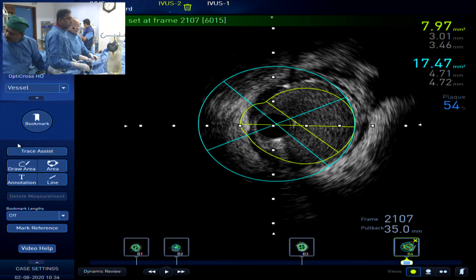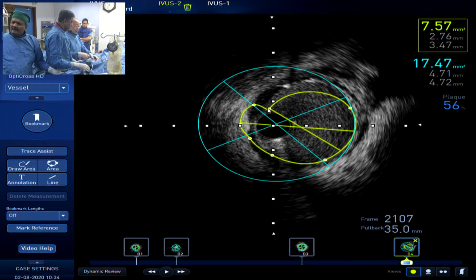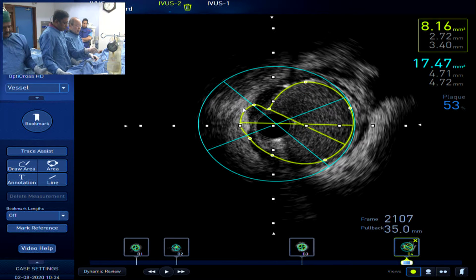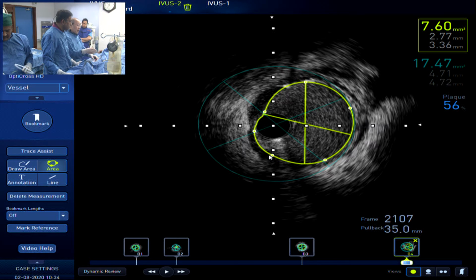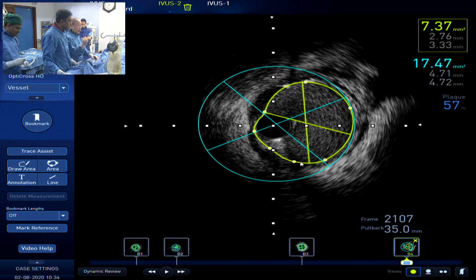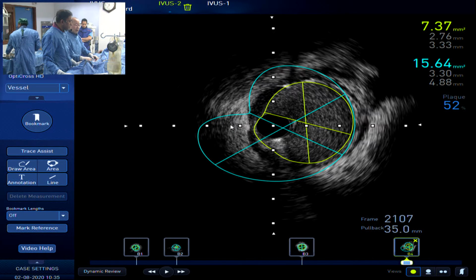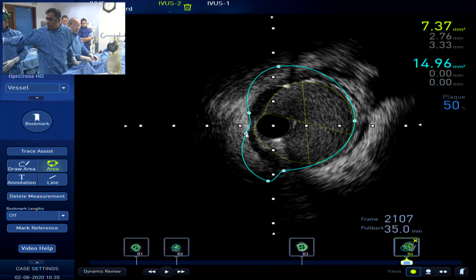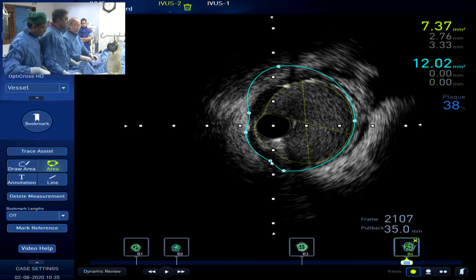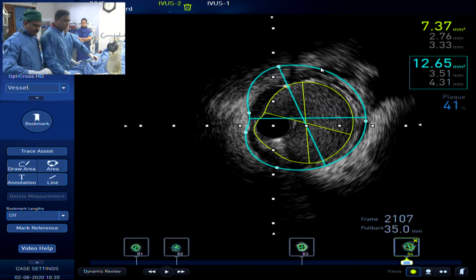Yes, we do IVUS very often for CTO, but even if the wire is outside of the true lumen, still remaining in subintimal space, we do not stop inserting the IVUS catheter into those regions. My question was how often have you seen, with the intravascular ultrasound, evidence of an effusion, just the imaging aspect? No, not so much.